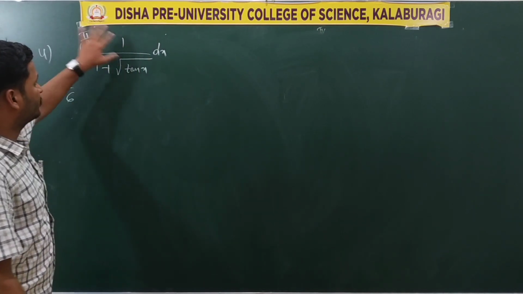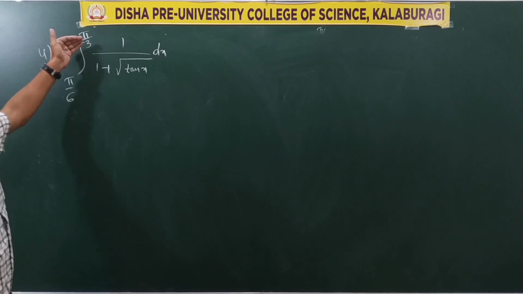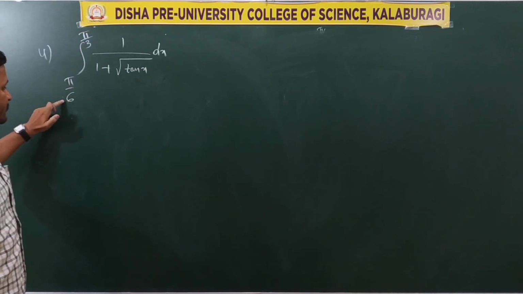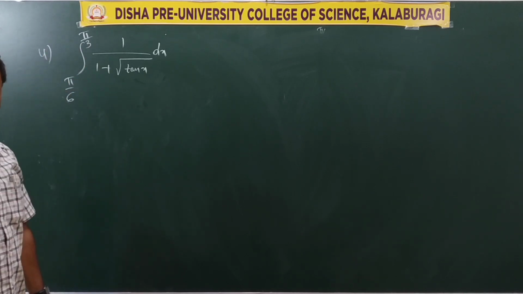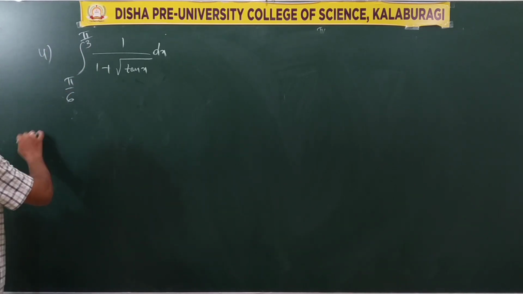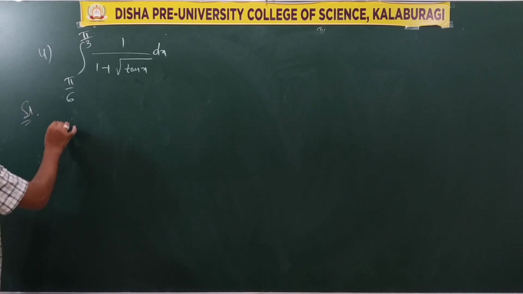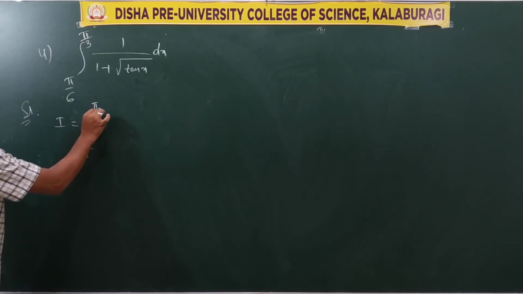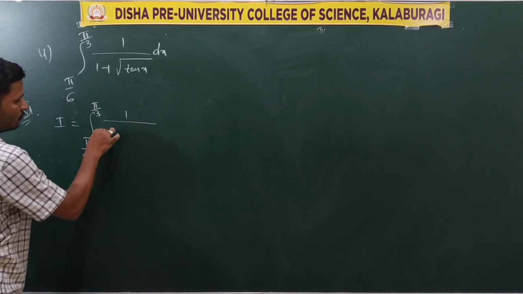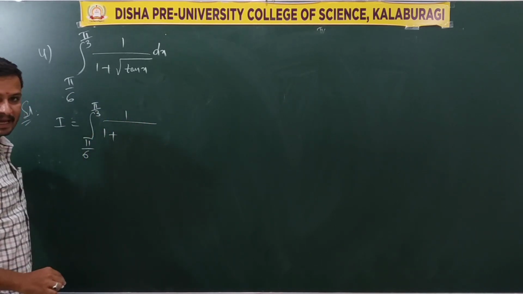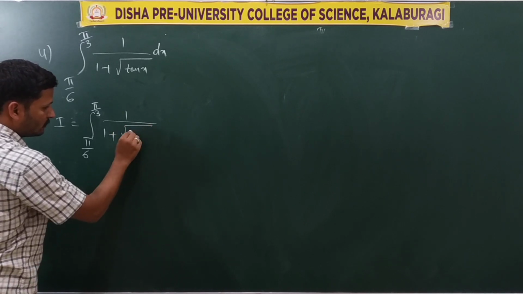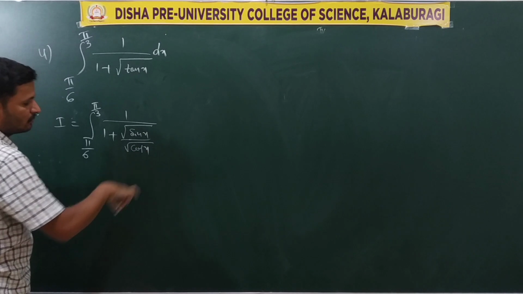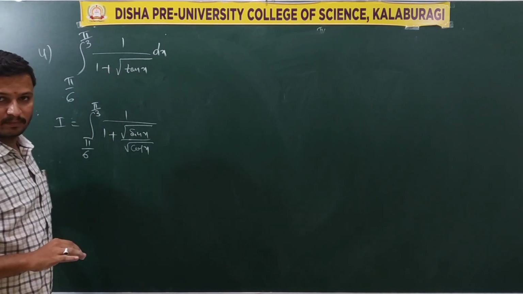Okay, evaluate the integral from pi by 6 to pi by 3 of 1 divided by 1 plus root tan x into dx. So pi by 6 is 30 degrees and pi by 3 is 60 degrees. Okay, yes. So solution: integral I from pi by 6 to pi by 3 of 1 divided by 1 plus square root of tan x. This can be written as square root of sin x divided by square root of cos x, because tan x is sin x divided by cos x.